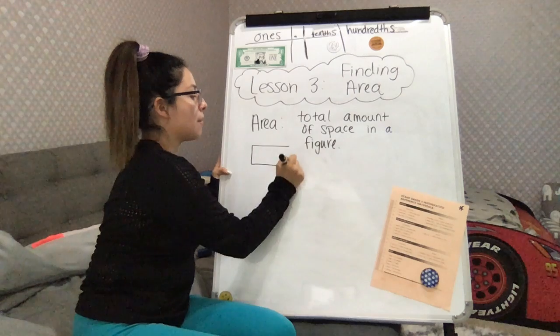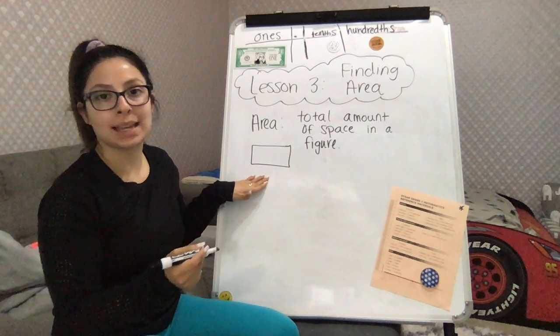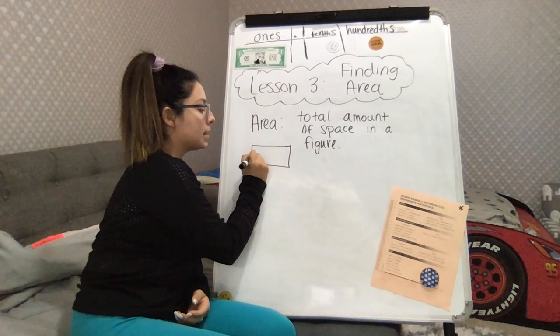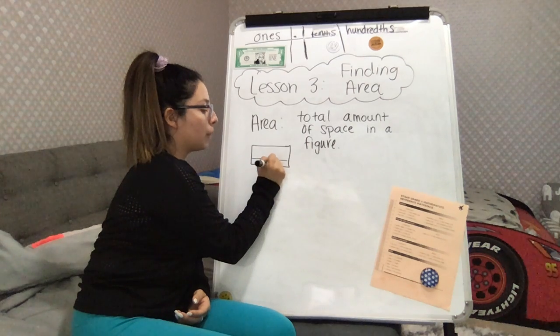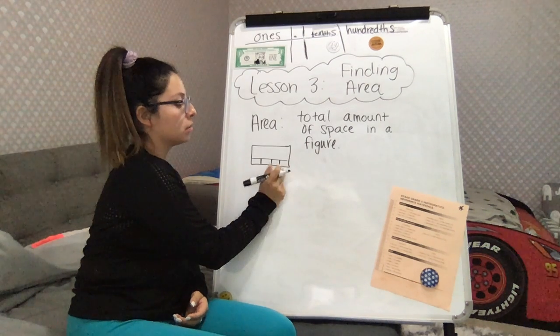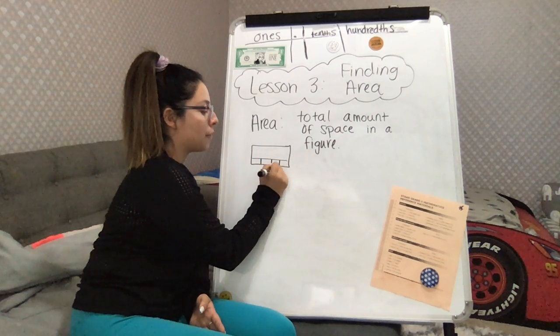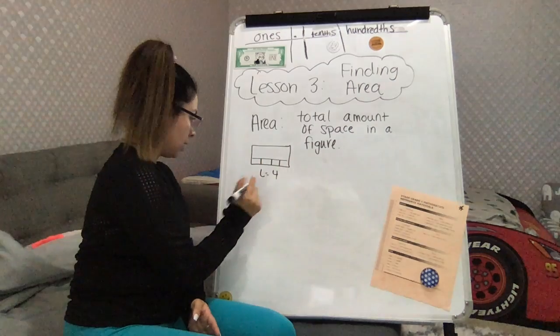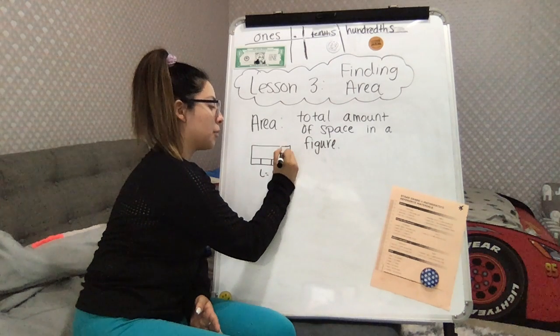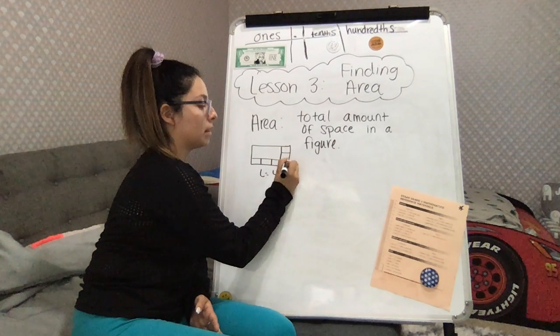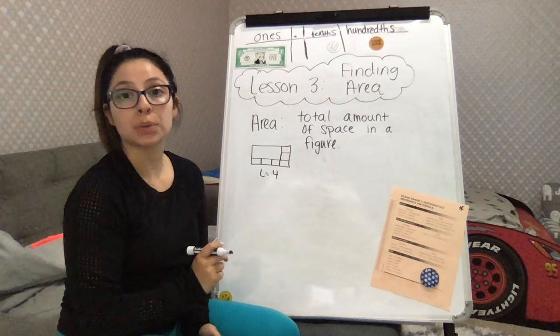So if I have my lovely rectangle again, and let's say I have it split into 4. Let's say that the length is 4 right now because there are 4 square units down here. And there are 3 square units on this side because there are 1, 2, 3 square units.